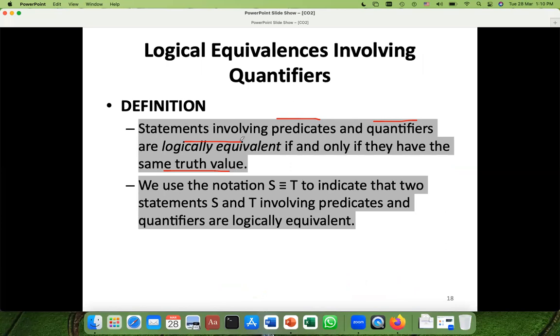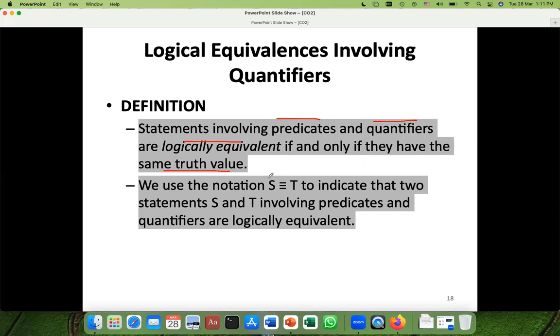If, for example, you have two statements in your question, then the truth values for statement 1 and statement 2 must be equal. And how can you calculate the truth values? Through a truth table, yes, by evaluating the true and false values in the truth table.